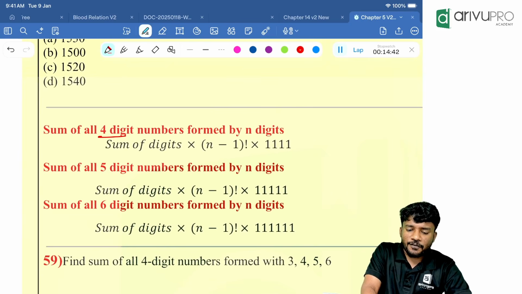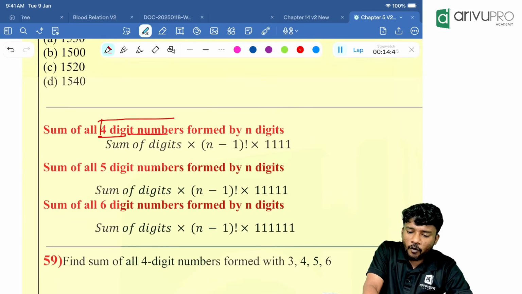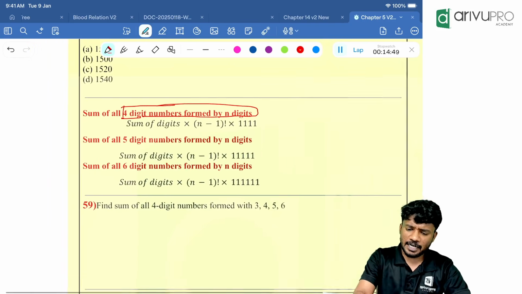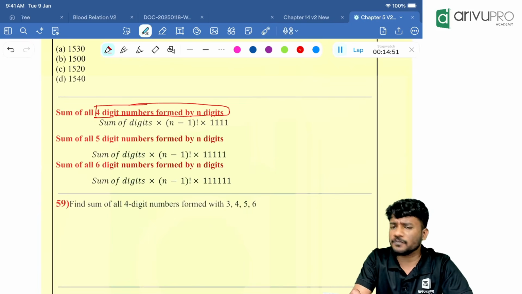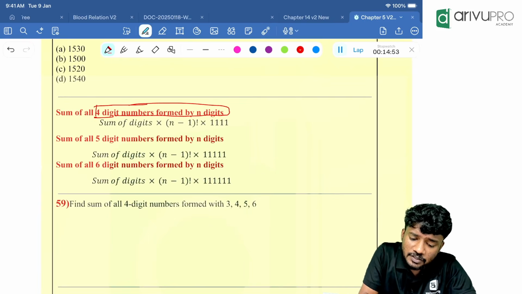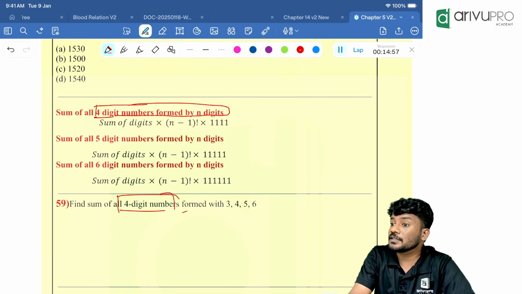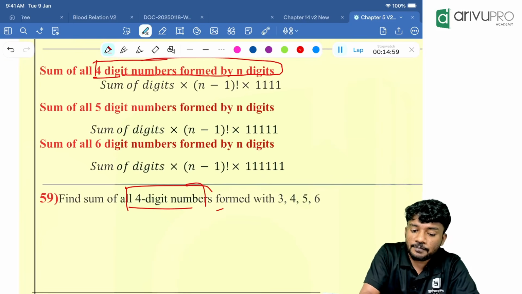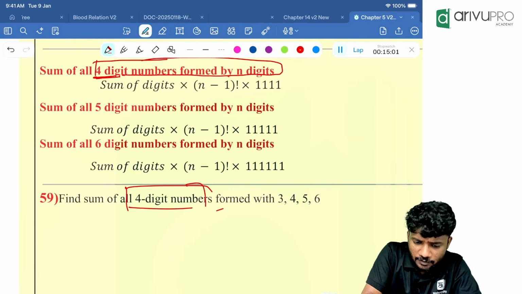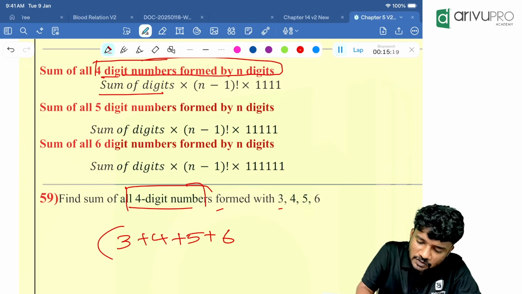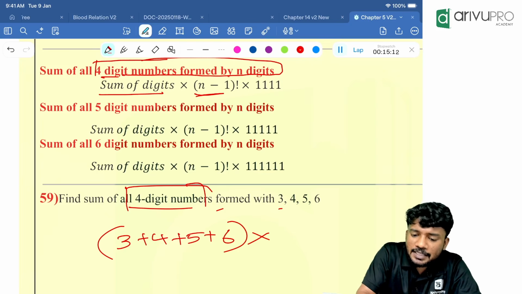Sum of 4-digit numbers formed from n digits. That means if n digits are given in the question, we need to find the sum of the 4-digit numbers formed. How to find the sum? There is a shortcut for that, and it is very easy. The sum of the digits, 3 plus 4 plus 5 plus 6, into (n minus 1) factorial.